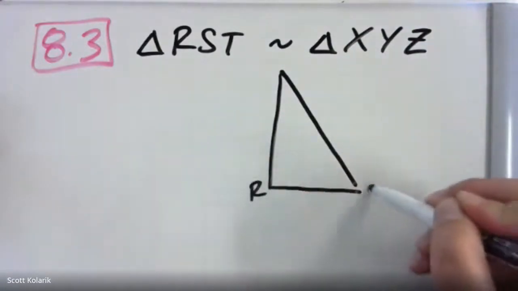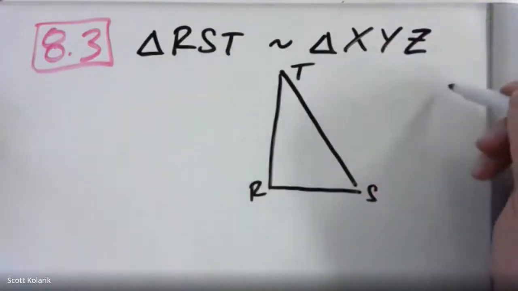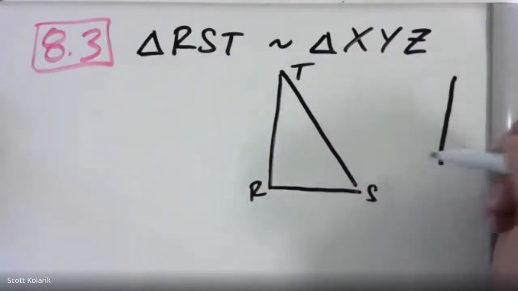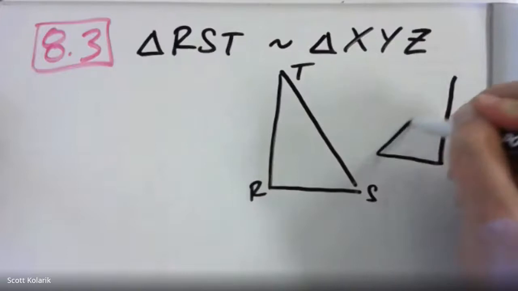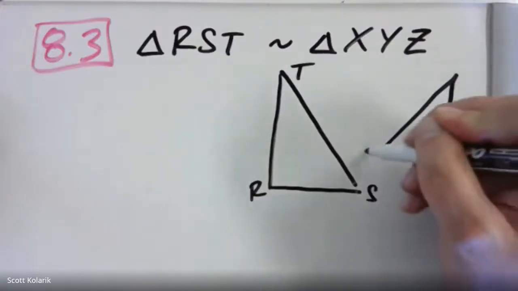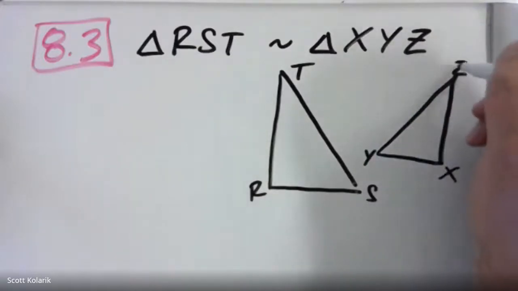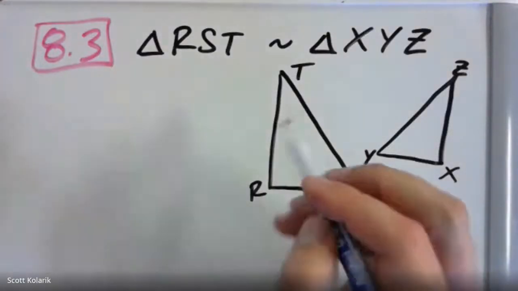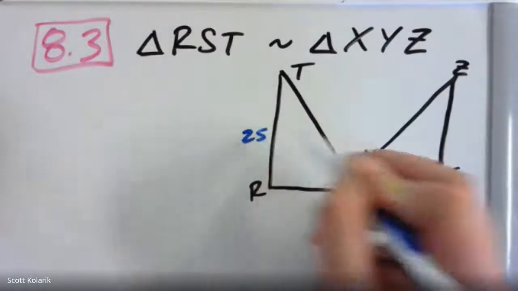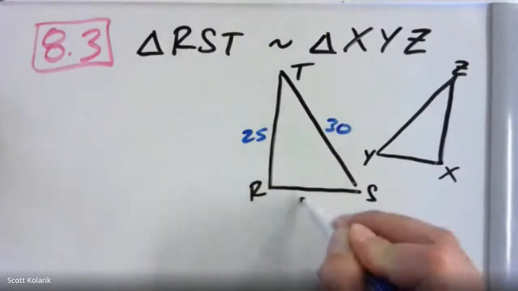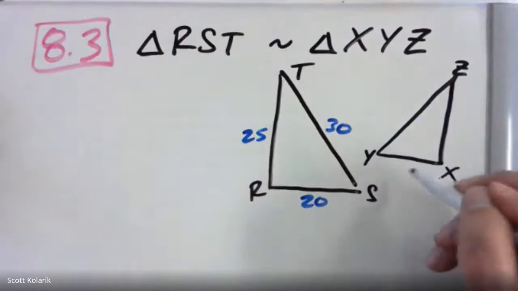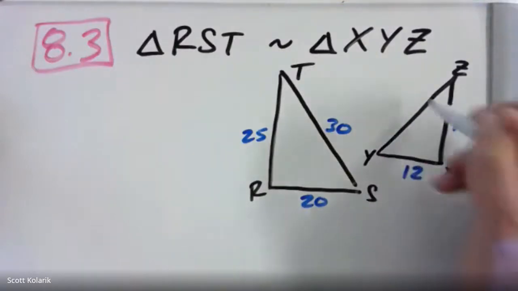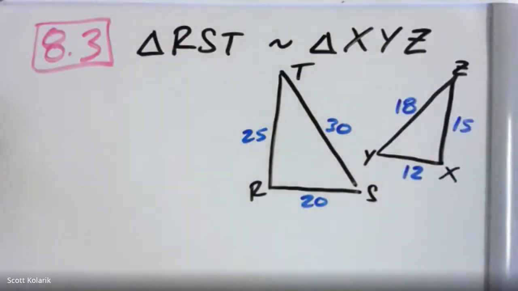So triangle RST, and then some other triangle XYZ. I may give them different names tomorrow, just be aware. It's okay. You'll be given 2 similar triangles, and then you'll be told some information about them, namely in this case, side lengths 25, 30, and 20, and 12, 15, and 18.